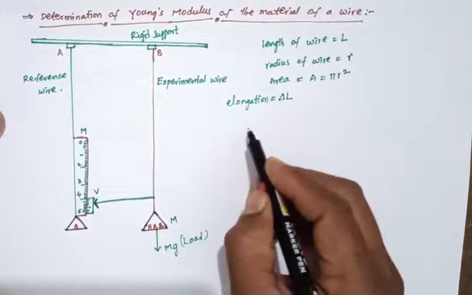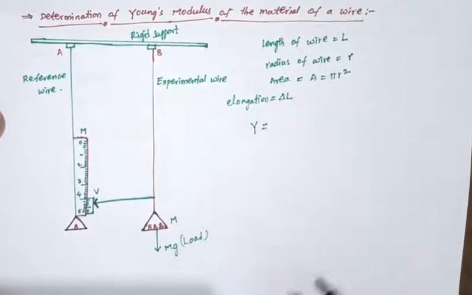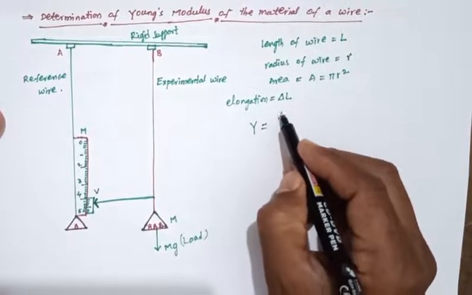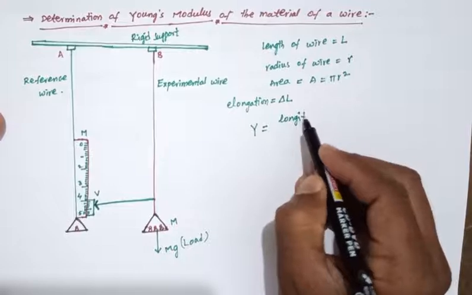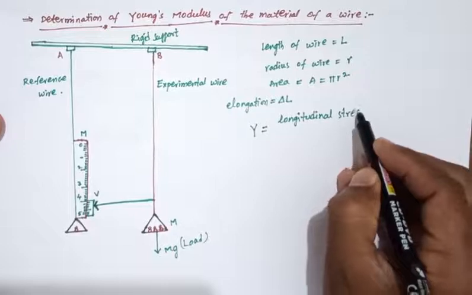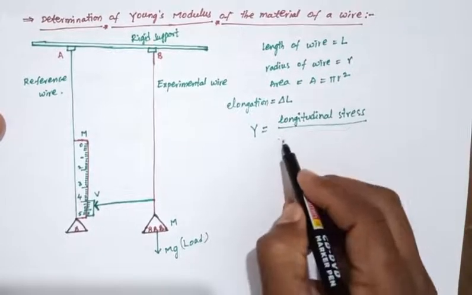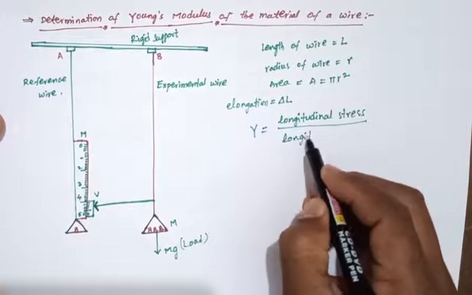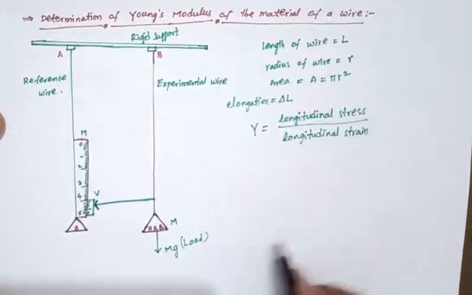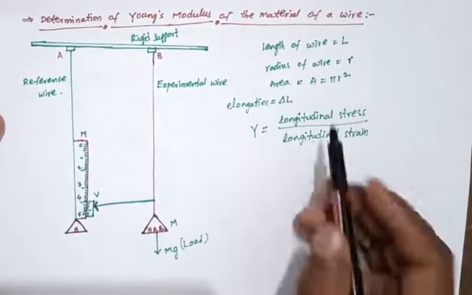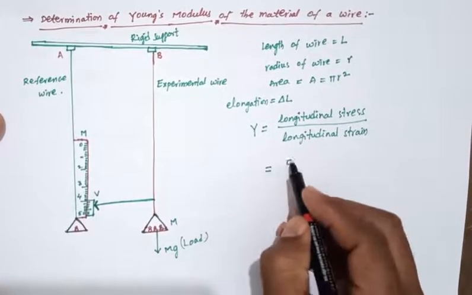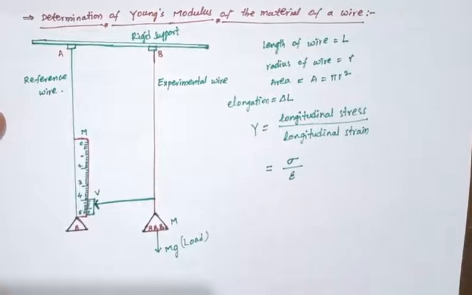Next, Young's modulus equals longitudinal stress by longitudinal strain. Longitudinal stress is nothing but tensile stress, that is sigma by epsilon.